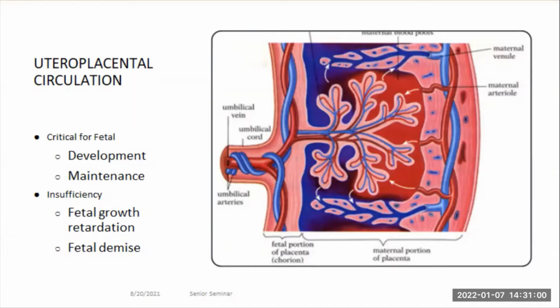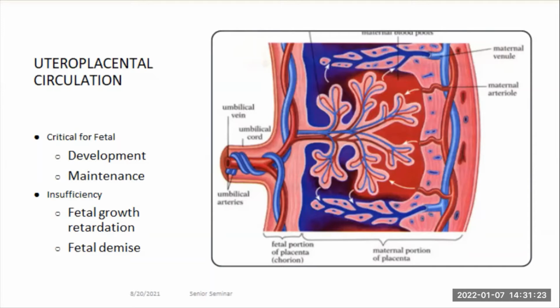If we look at it carefully here, we can see that there is one umbilical vein and 2 arteries that are carrying blood supply to the fetus during this period.